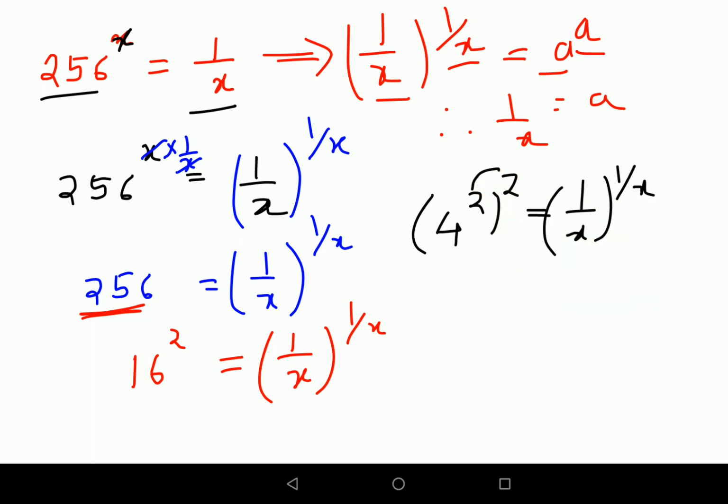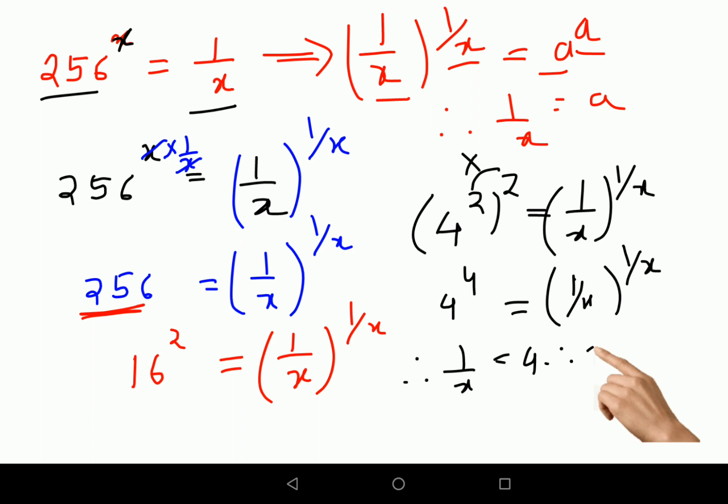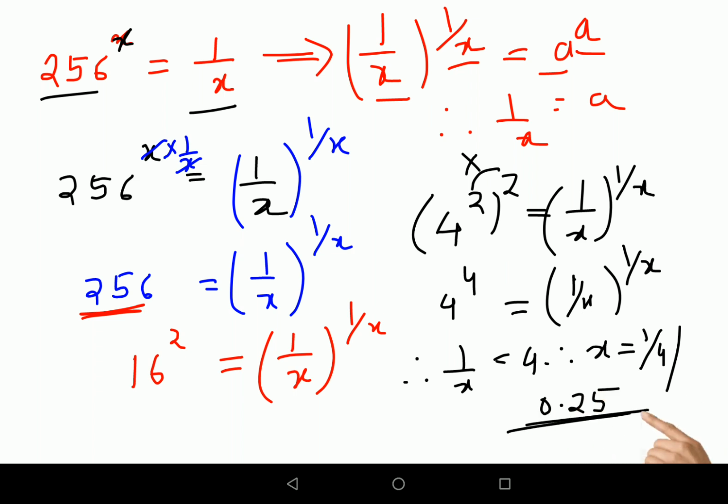As we know, whenever you have a base raised to an index and the whole has another index, we can directly multiply the indices. So it becomes 4 raised to 4 equals (1 upon x) the whole raised to 1 upon x. Therefore I can say 1 upon x equals 4. Therefore the x value is 1 upon 4, or I can say it is 0.25. Either way, both of these answers are absolutely correct.